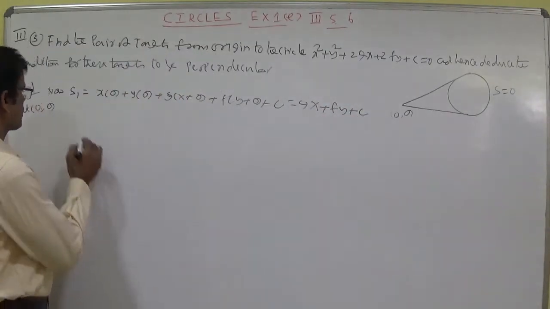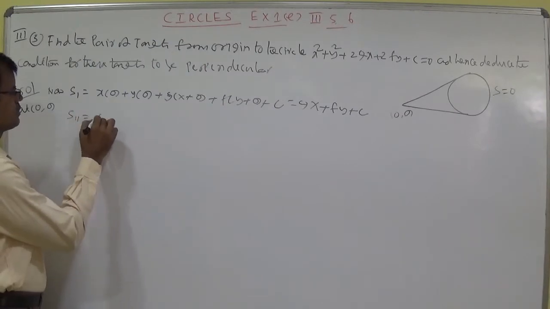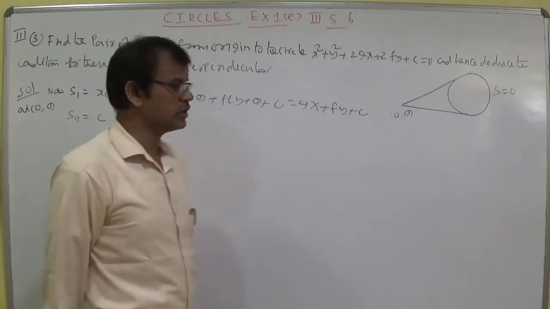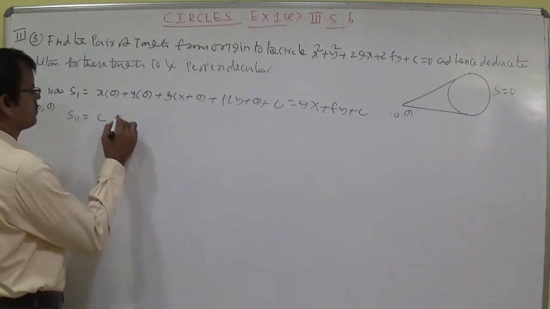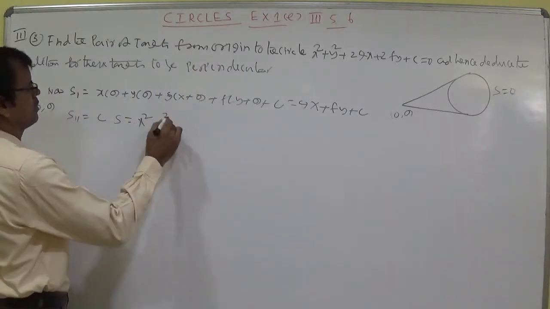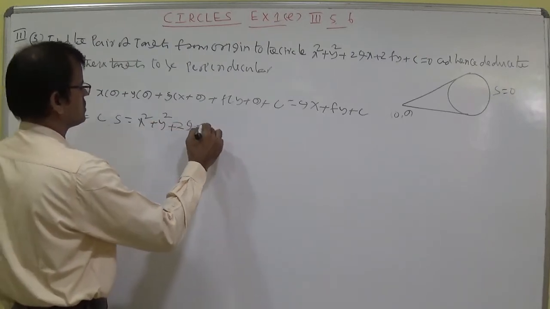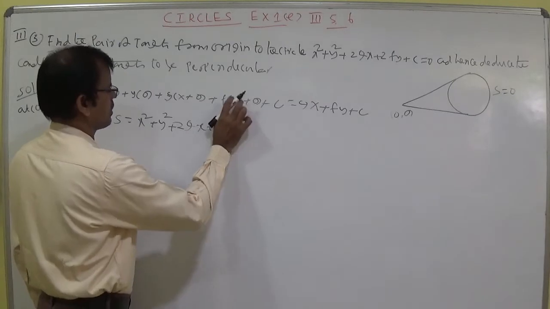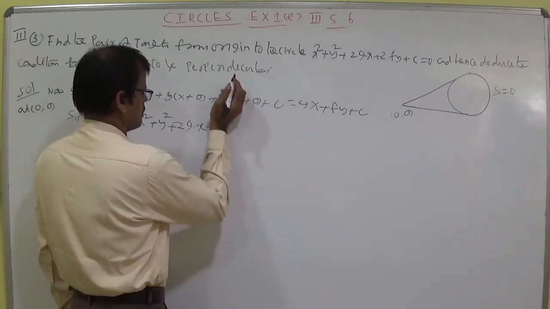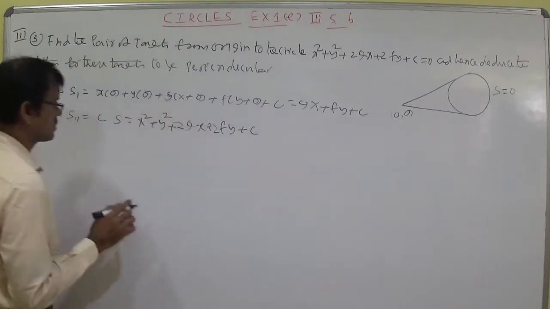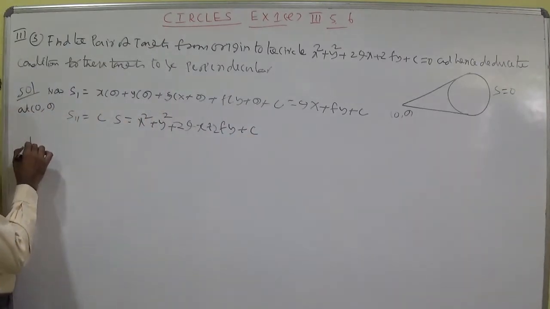That is S1. S11, whenever you substitute the value 0, 0, it is c, only c. S is the given x square plus y square plus 2gx plus 2fy plus c equal to 0.